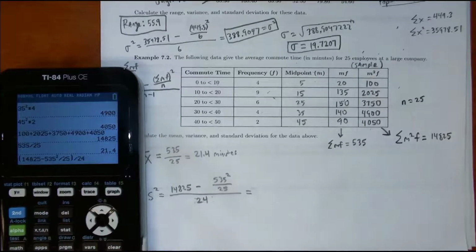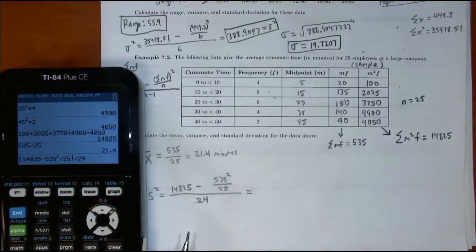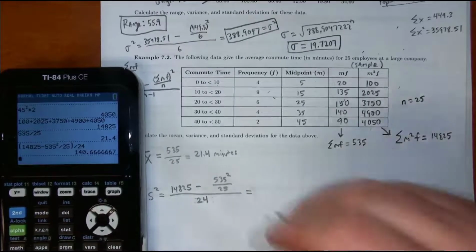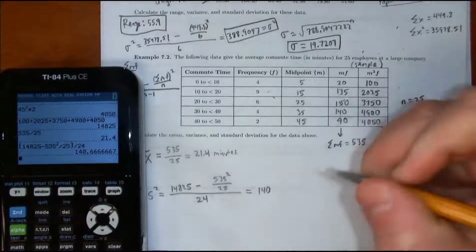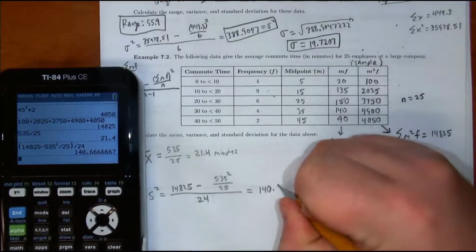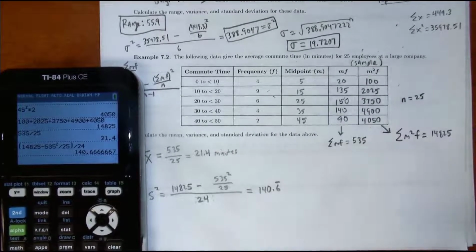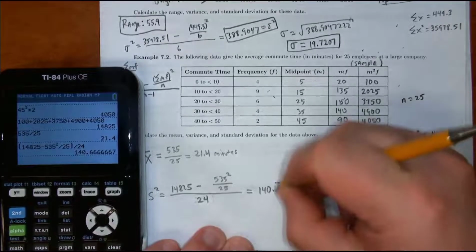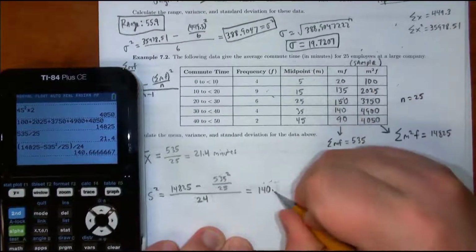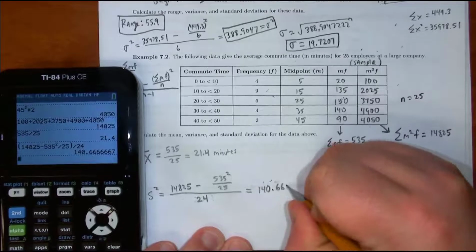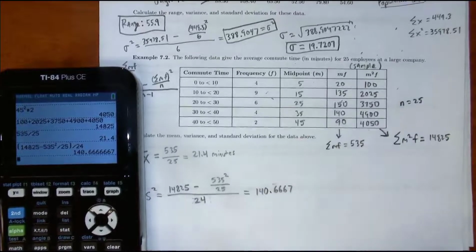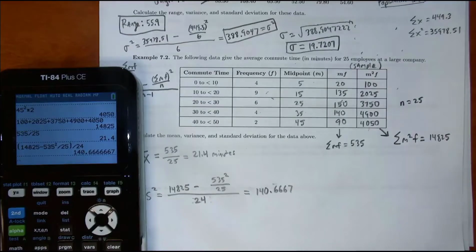Then divide by 24. 140.6, well, we need to round it, I guess. So let's round to 4 places and say 0.6667.